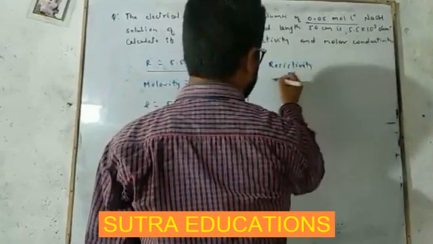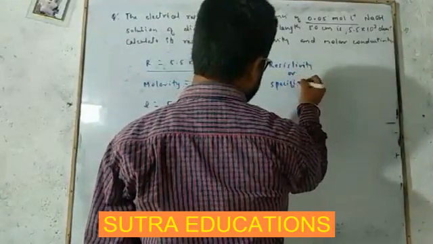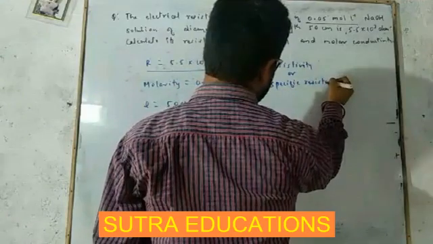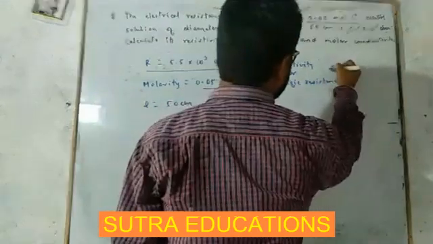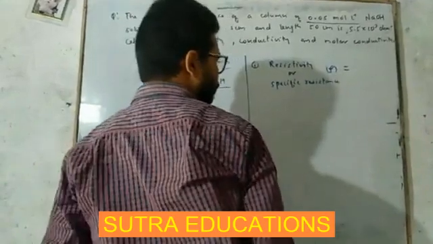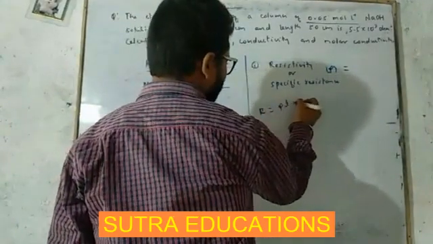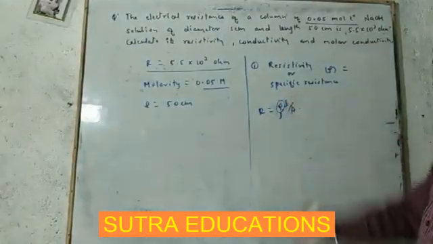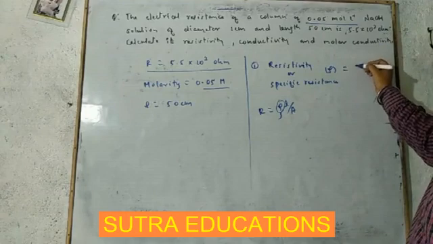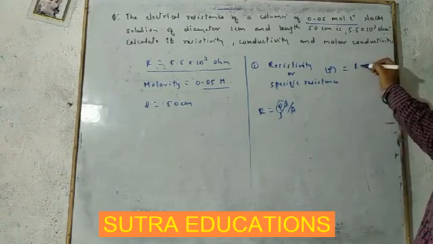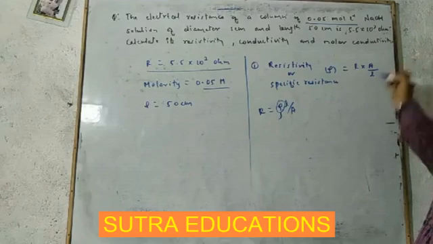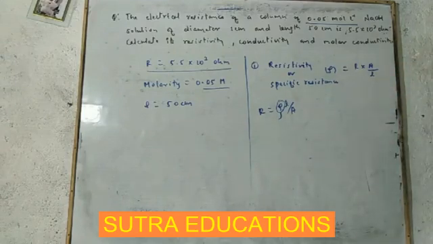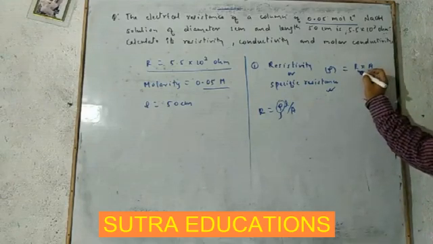This is rho, and R is equal to rho L by A. So rho will be equal to R into A by L. So for this we need resistance.